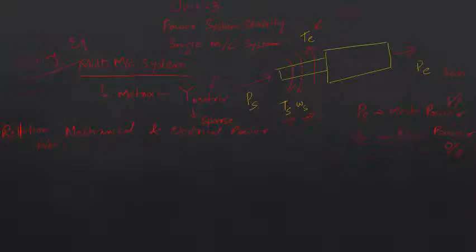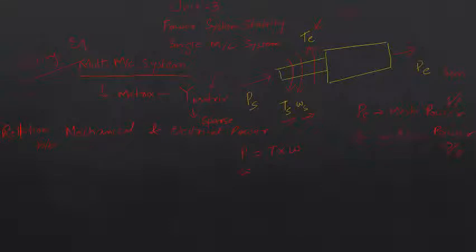Now, the mechanical side has power, and the electrical side also has power, but the parameters that the mechanical side uses to define power are different from those for electrical power. Just understand, here we say power is equal to torque into speed.